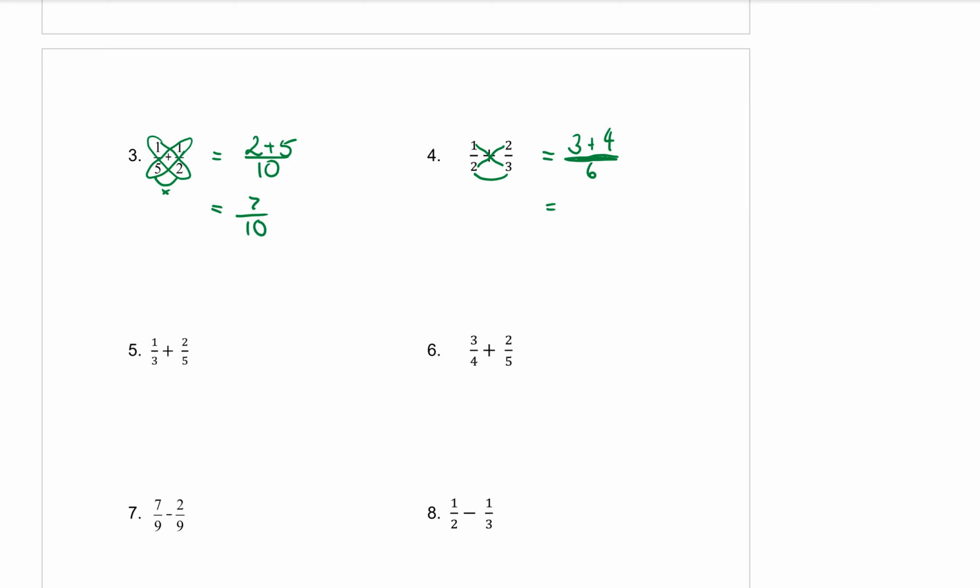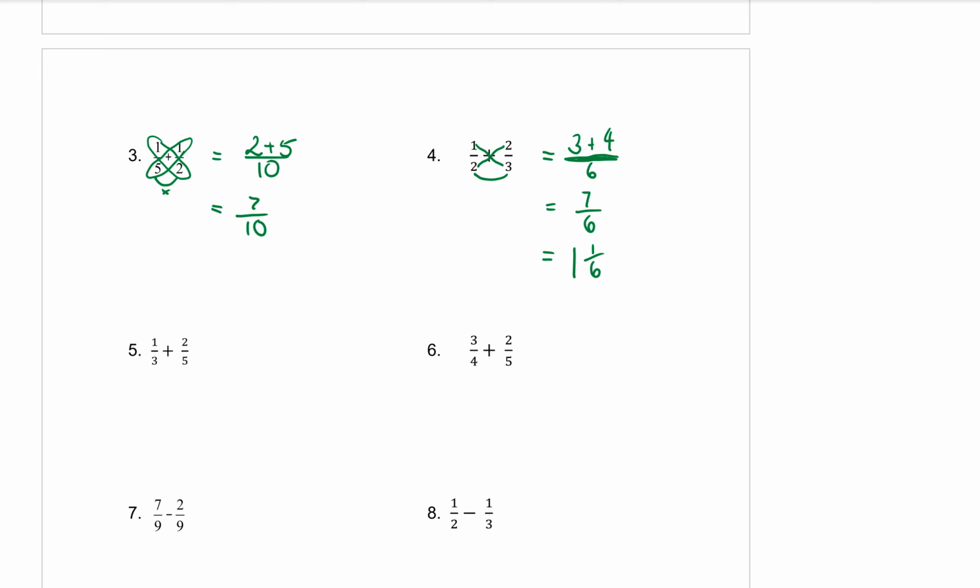Add the two top numbers together. 3 plus 4 is 7 over 6. Because that is an improper fraction, we can turn that into a mixed numeral. We could take one lot of 6 out of that and have a remainder of 1. So 1 and 1/6. Remember that you can use your calculator to help you with mixed numerals if you need it. All right, is that making sense so far?